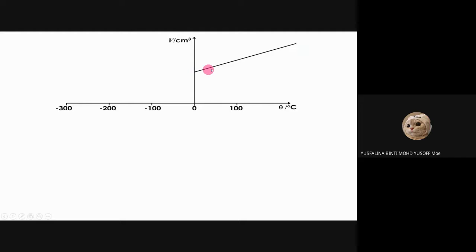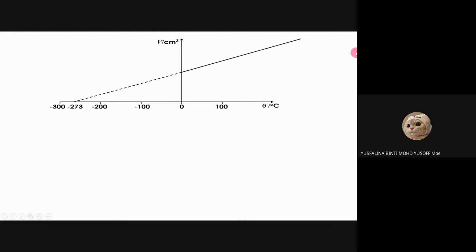But if you extend the graph until it cuts the x-axis, you will see it cuts at negative 273. So what will happen at negative 273? This one we call the absolute temperature.